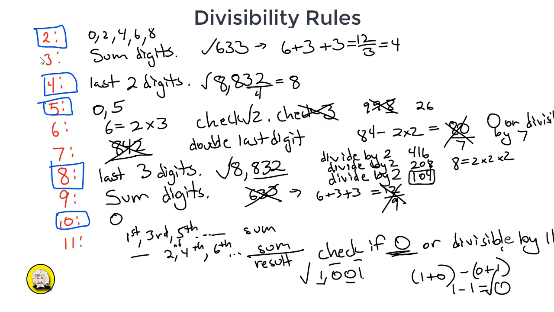The rule for 3 and 9, where things start getting really interesting, are the same. You're summing the digits together and then checking divisibility. And 11 is a variation of that, where you're summing the alternating sequence of digits and checking for 0 or divisibility by 11. And 6 is simply checking the factors. Check 2 and check 3, the factors of 6. 7 is a stranger rule that you may or may not choose to remember.